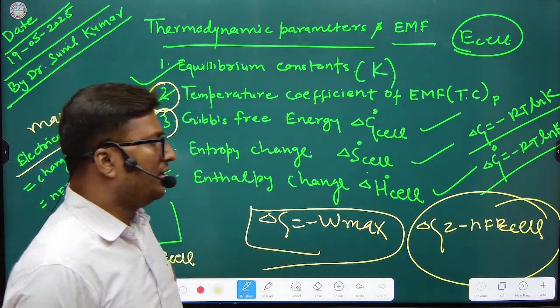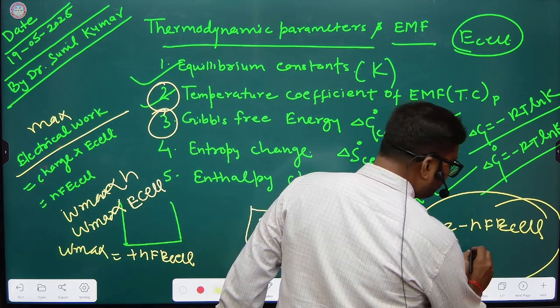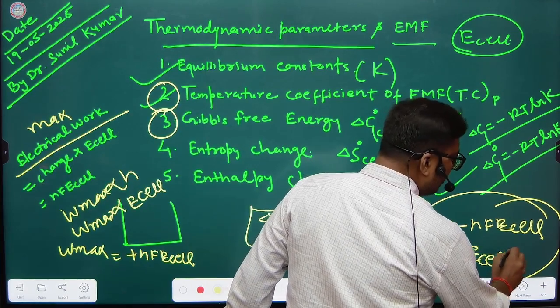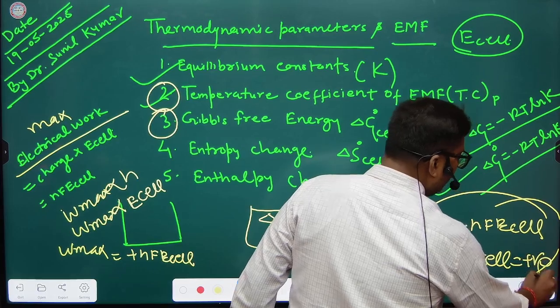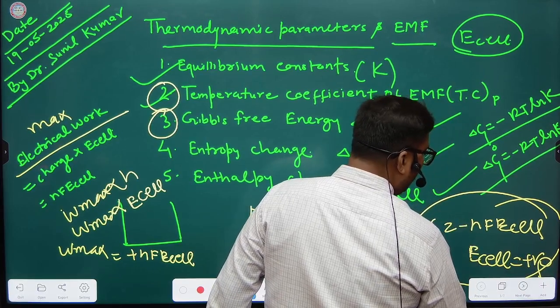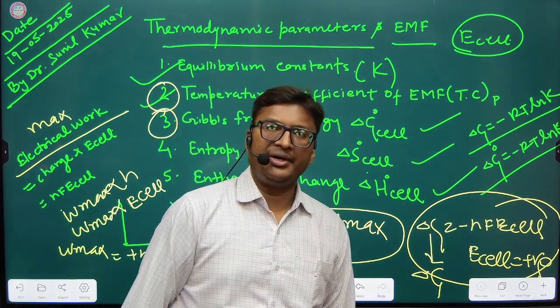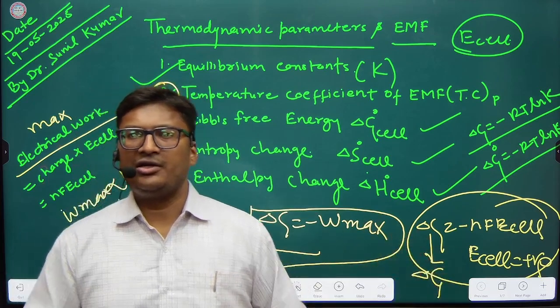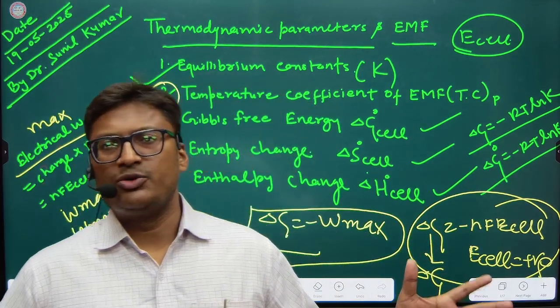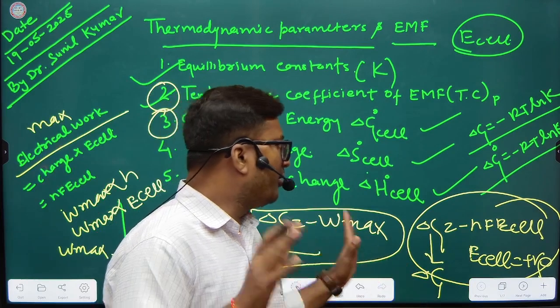So if this E cell is positive, then delta G is negative. And in thermodynamics, what you have studied is, if the change in Gibbs free energy is negative, then the reaction undergoes spontaneously in the forward direction.